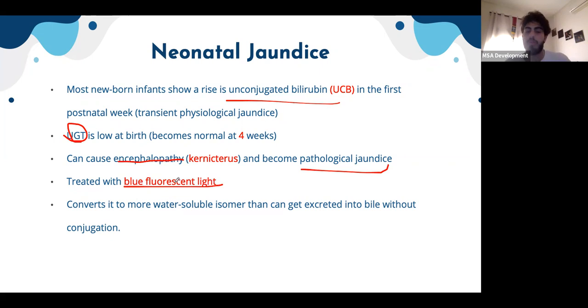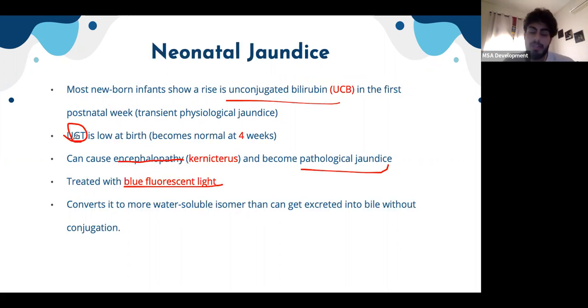We put the baby under a blue fluorescent light, and this light converts the unconjugated bilirubin into a more soluble isomer, which can get excreted without being conjugated. So basically, we're skipping the little step of UGT, because here we can excrete it without it being conjugated by UGT. Okay.